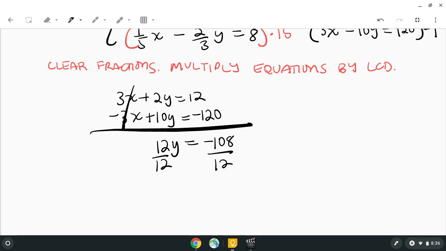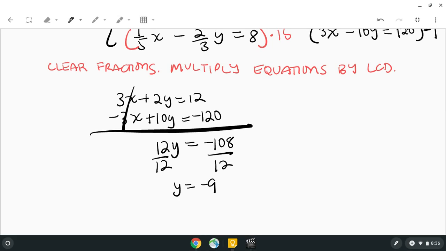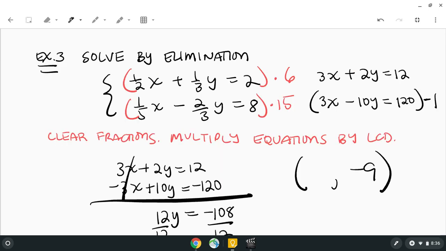Now we need to go back and solve for x, because so far I only have this part of our answer, something, -9. Let's go up here. We've got all these equations, right? I would pick the one that has the smallest numbers.